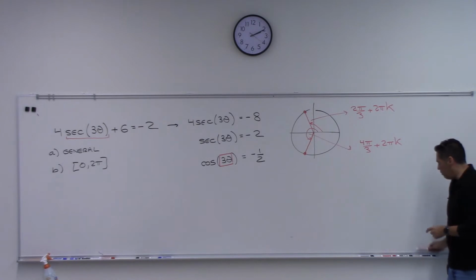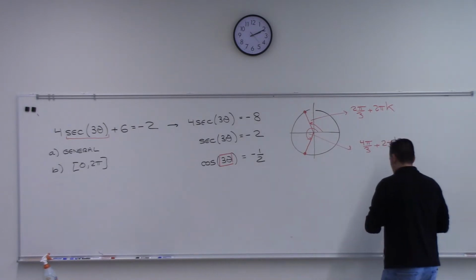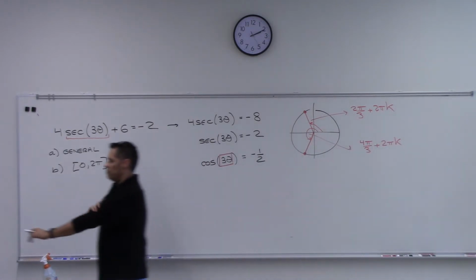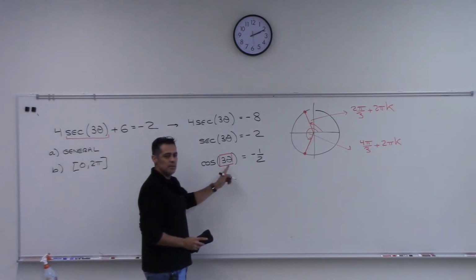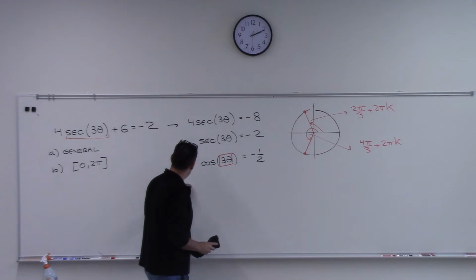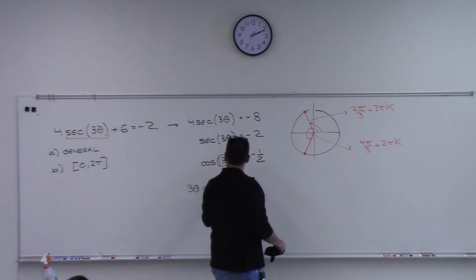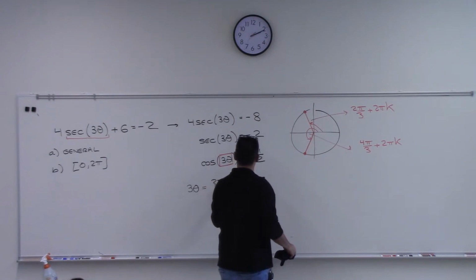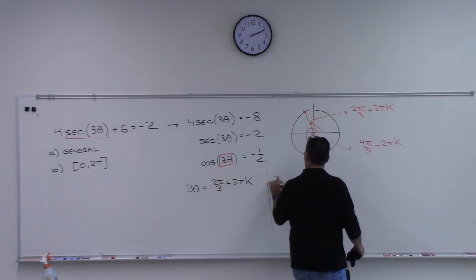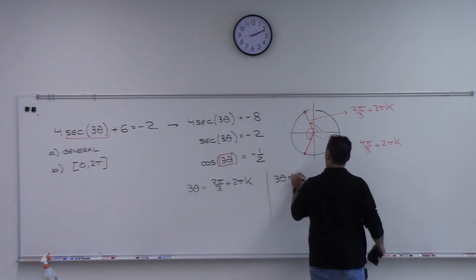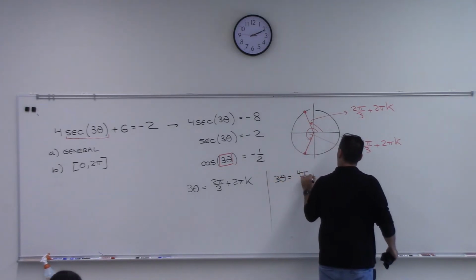So I'm going to write down, what was the first one you want me to write down? 3 theta equals that first one, right? 2 pi over 3 plus 2 pi k. And then the other one is 3 theta equals the other general solution, 4 pi over 3 plus 2 pi k.